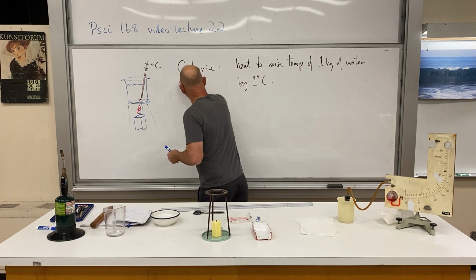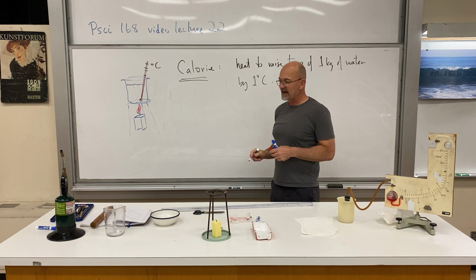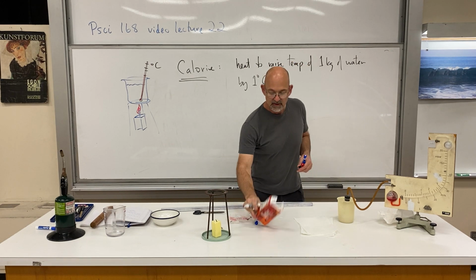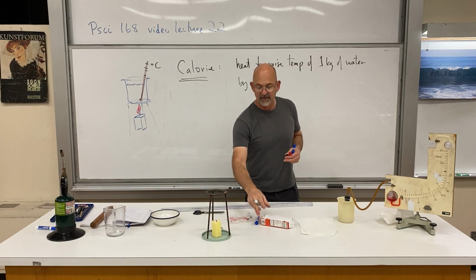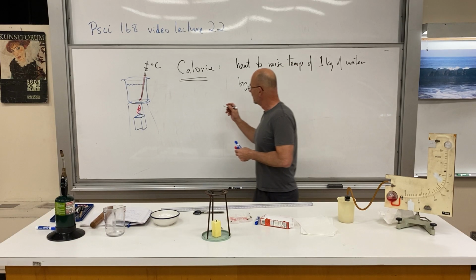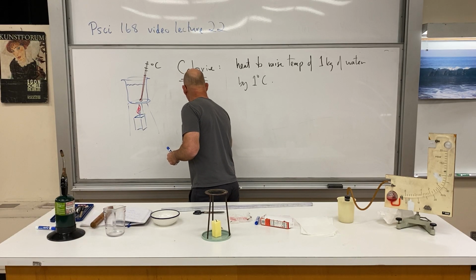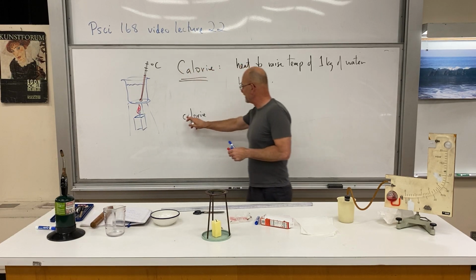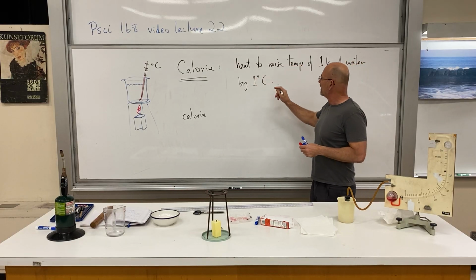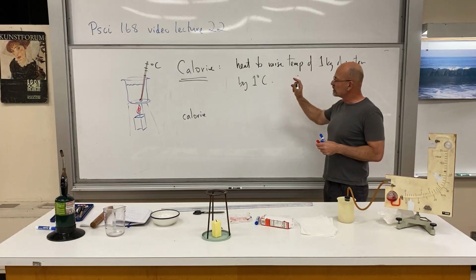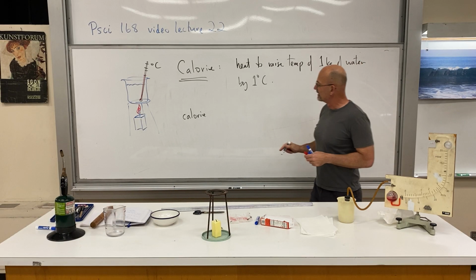Now notice, I wrote it with a capital C, and in fact, if you read it, and if the producers of this stuff get it right, they also write it with a capital C. So the calorie with a lowercase c is 1/1000th of one of these, so it would heat the temperature of 1 gram of water by 1 degree Celsius.